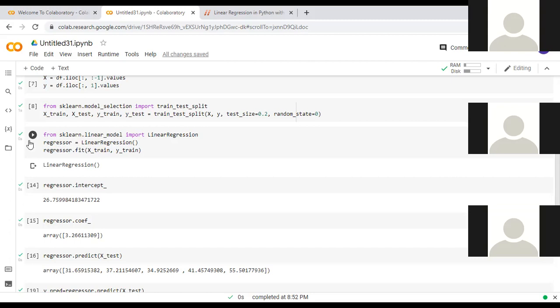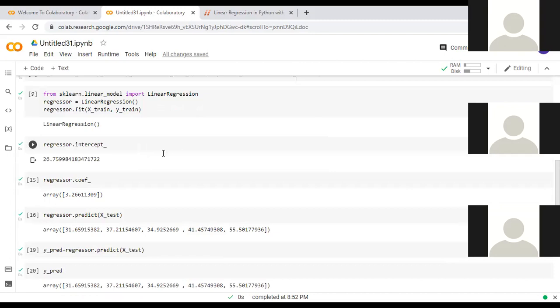That is why I'm writing regressor equals LinearRegression. Then I'm fitting my X train and Y train into the model, and the model of linear regression is created, as shown over here. So the linear regression model is already created.